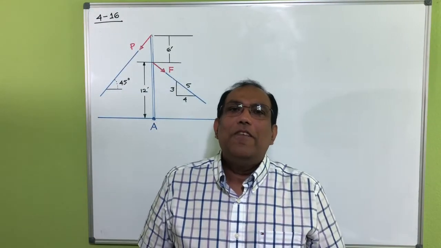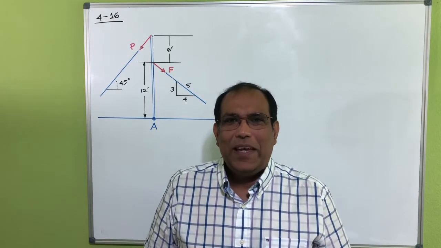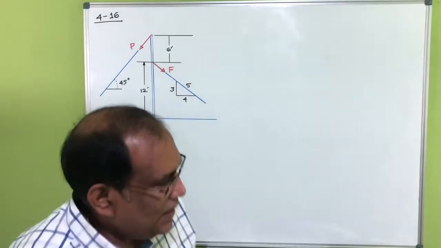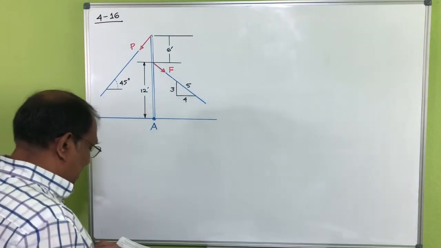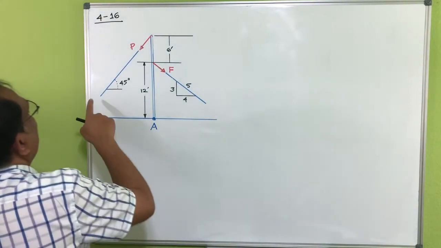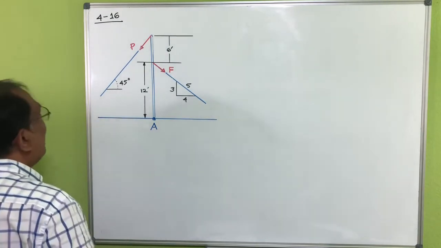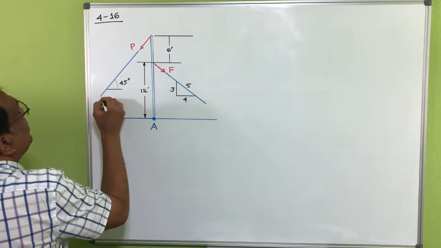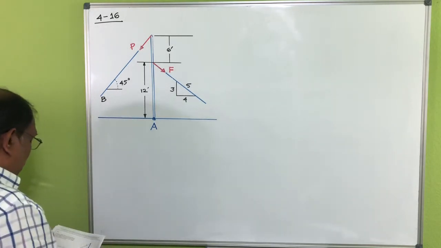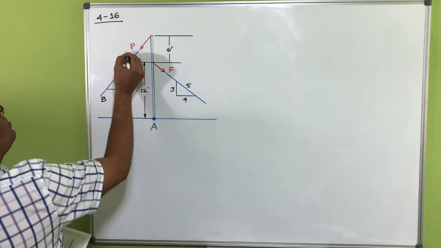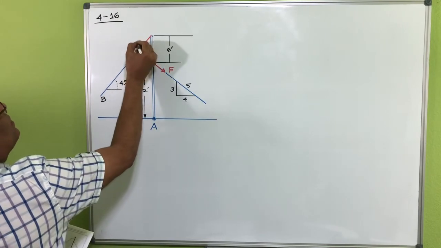Problem number 4-16. Okay, the problem is saying that a man at B, here, is pulling that one with a force P equal to 30 pounds. This one is 30 pounds here.